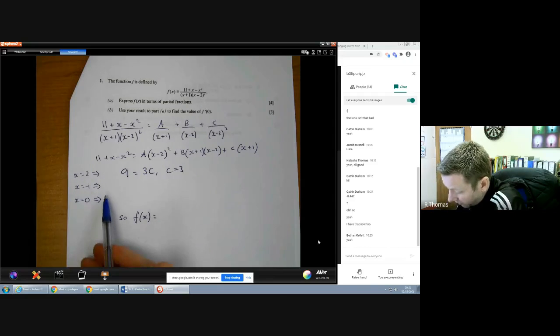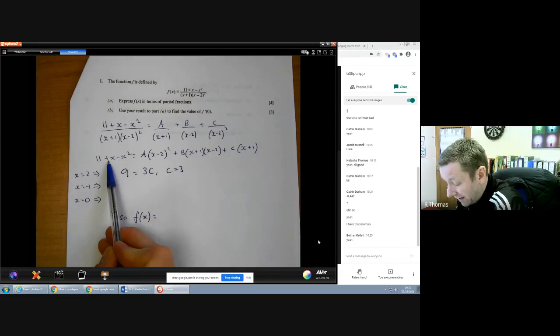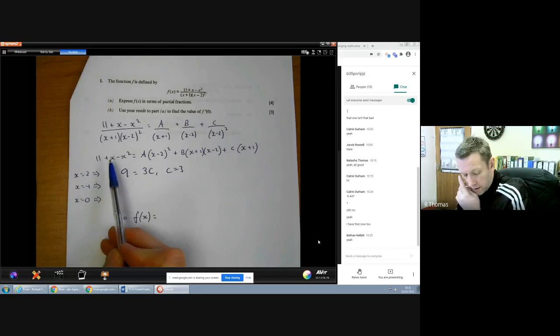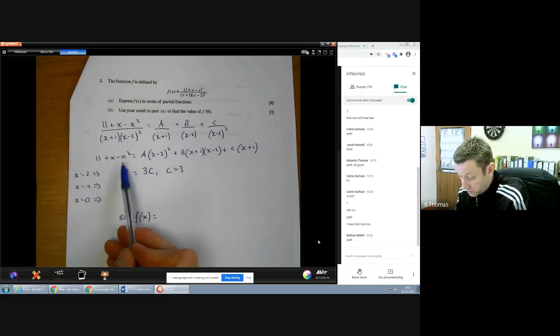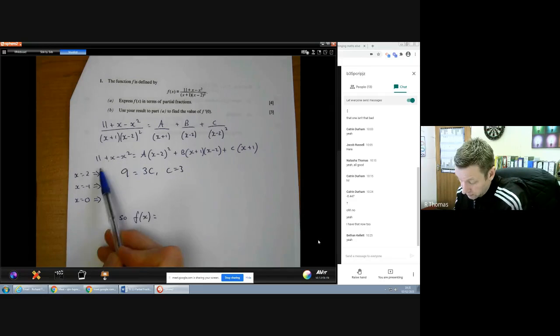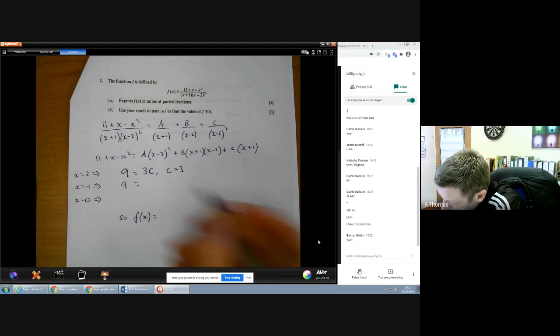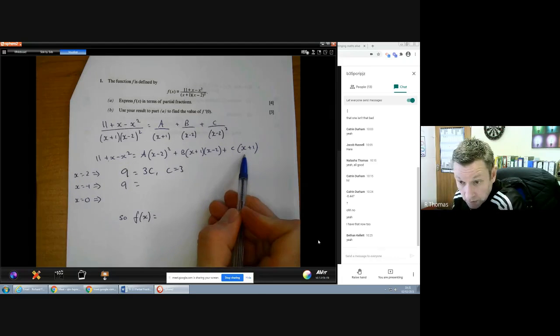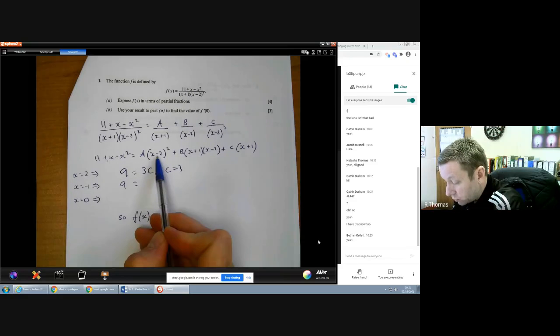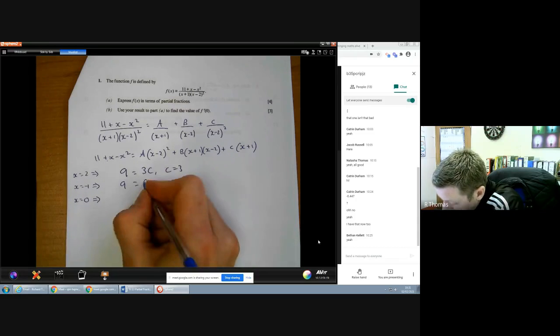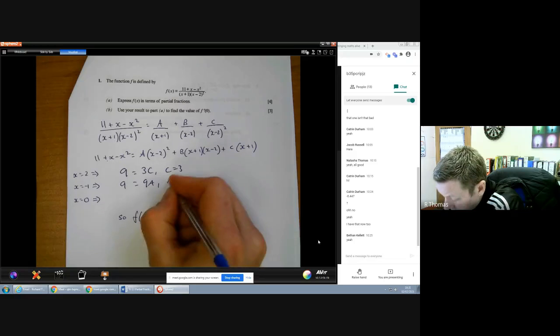Now I chuck in -1, 11 minus 1 is 10, minus 1 squared is +1, so it's 11 minus 1, which is 9 again. That'll go, that'll go. So I have -1 minus 2 is -3, -3 squared is 9. So that's 9a, a equals 1.